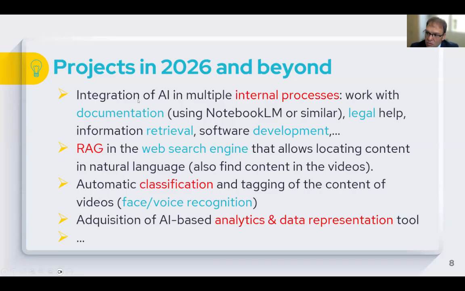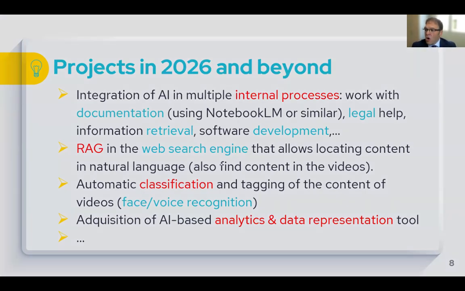For example, work with documentation, with NotebookLM or similar, legal help, also information retrieval, analytics, software development, etc. We have also launched a project to incorporate a RAG, retrieval augmented generation, in our website of the Senate of Spain that allows users to search in natural language. And also some other projects, automatic classification, tagging of contents using face and voice recognition, AI for analytics, etc.